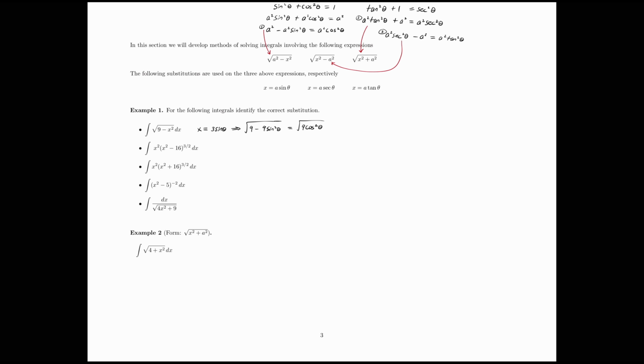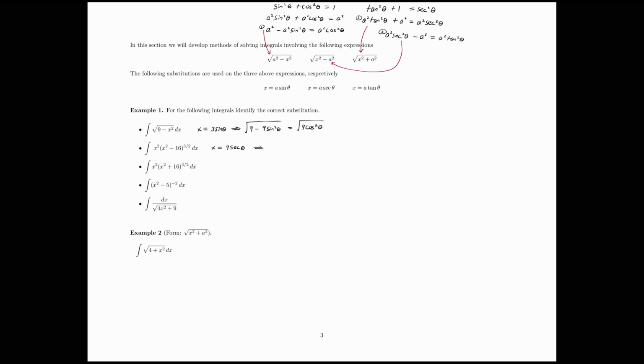Okay, this one here is a little bit trickier to see, but again, just think about the inside of the fractional exponent, the thing that has the format, something squared plus or minus something else squared. In this case, we would let x equal 4, but then the order of this subtraction is going to be secant theta.